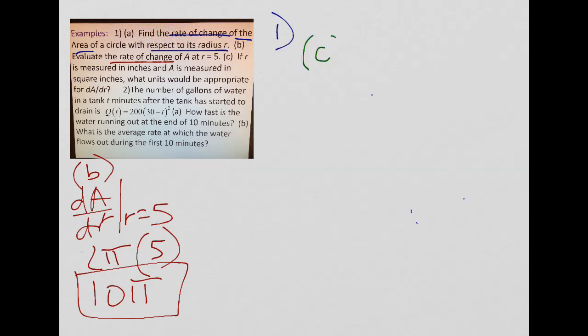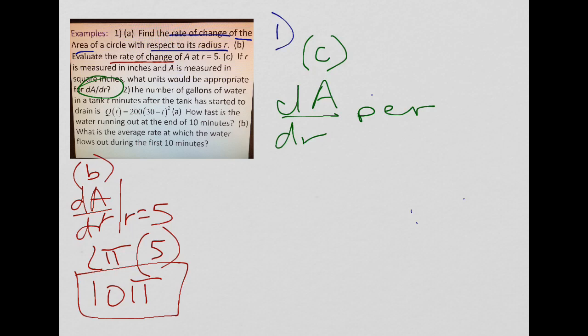All right, C. If r is measured in inches and A is measured in square inches, what units would be appropriate for dA over dr? This is the derivative of the area with respect to its radius. That's what that's saying. When we have a fraction line, that means the word per.